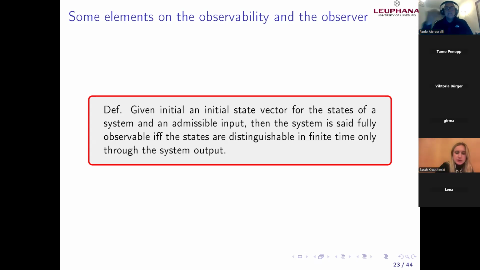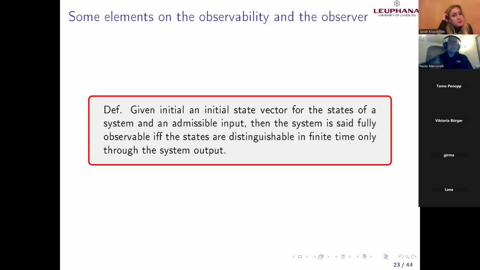Sometimes in some literature they are more formal, sometimes also me too. I try to speak about observability in a more rough way, but it's not possible to make a mistake because intuitively we understand what distinguishability is, a little bit complex, because it means I can realize the difference between them.